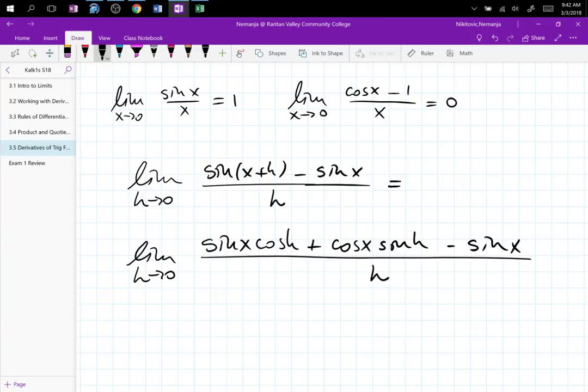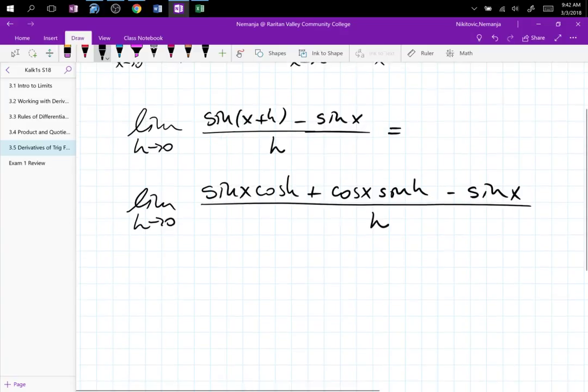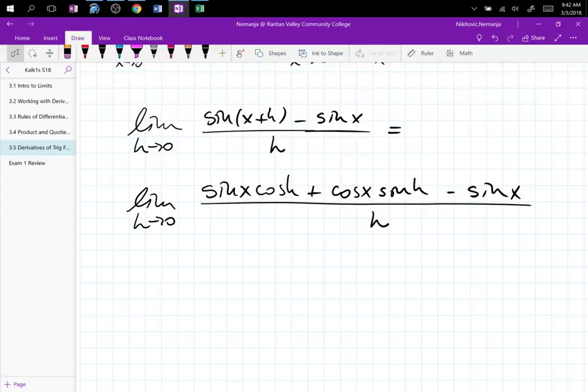When you use the formula for the sum of angles in a sine, you get the expansion, and then you take the first term and the last term and you factor out sine x.